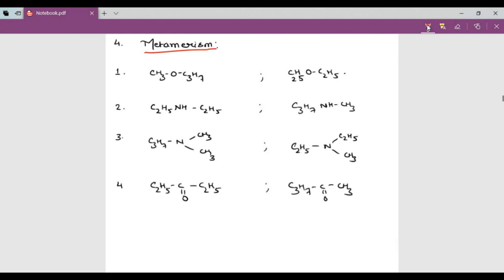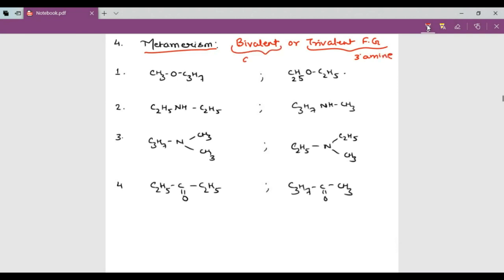Metamerism is a characteristic for such functional groups which are bivalent or trivalent in nature, or just bivalent or trivalent functional groups, we'll write. Now, as far as trivalent is considered, we only have 3-degree amine.